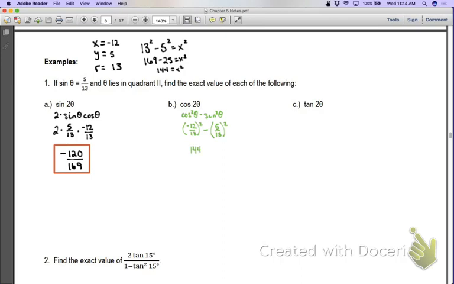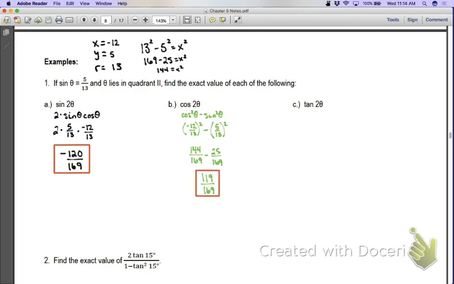I'm going to have 144 over 169 minus 25 over 169. 144 minus 25, I'm going to have 119 over 169.